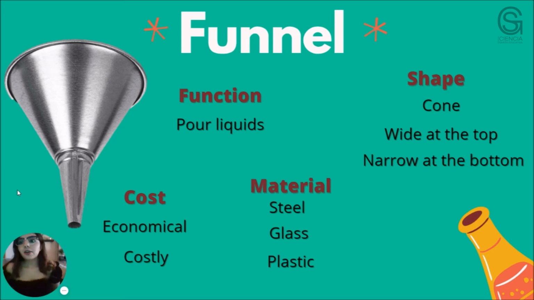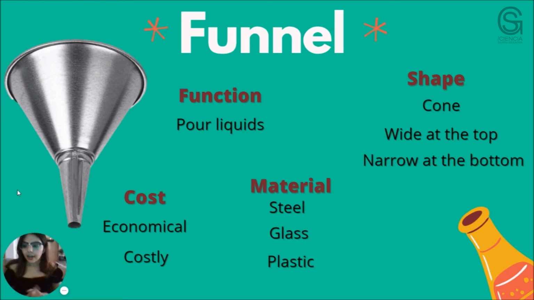So that's why they are really helpful. So as a summary of the description, a funnel's main function is to pour liquids into your containers, and it has a cone shape. It has a wide circle at the top and a narrow circle at the bottom, and they are made of steel, glass, or plastic, and they can be economical or costly, okay?